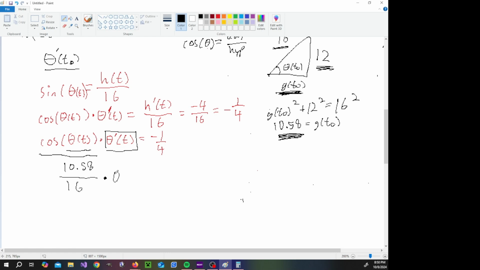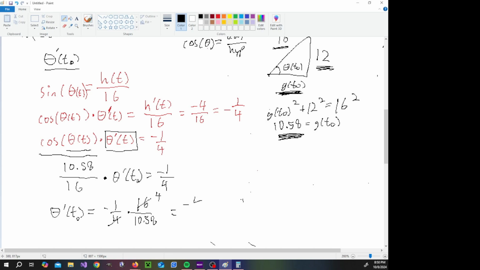And now this times theta prime of t is equal to negative 1/4. So just multiply by the reciprocal, and the change of the angle at that moment is negative 1/4 times 16 over 10.58. And now this 4 cancels with this and leaves us with 4 on top.